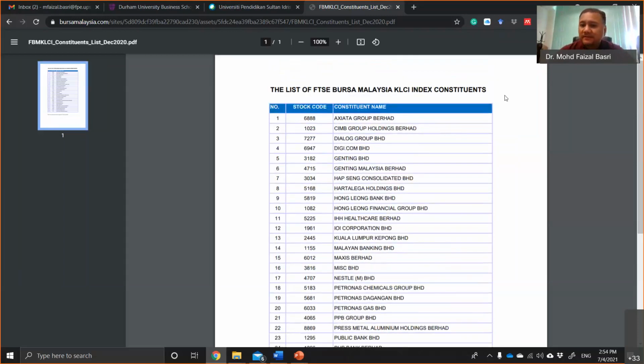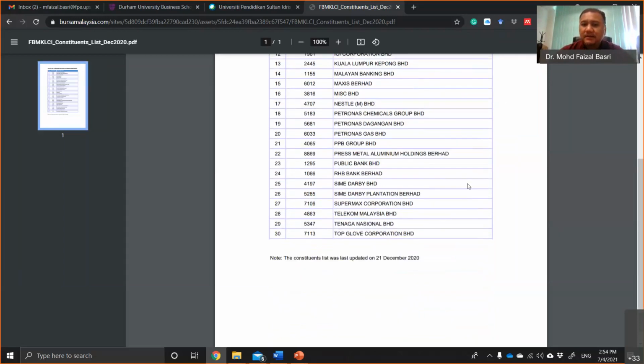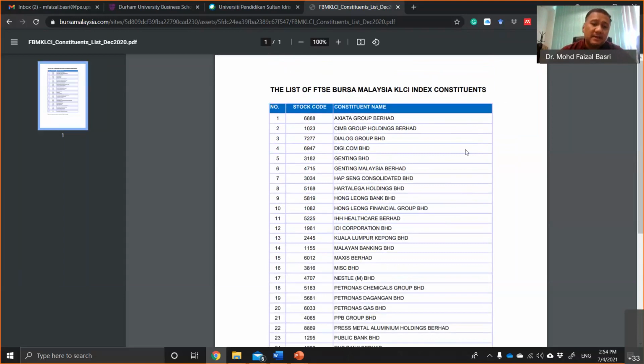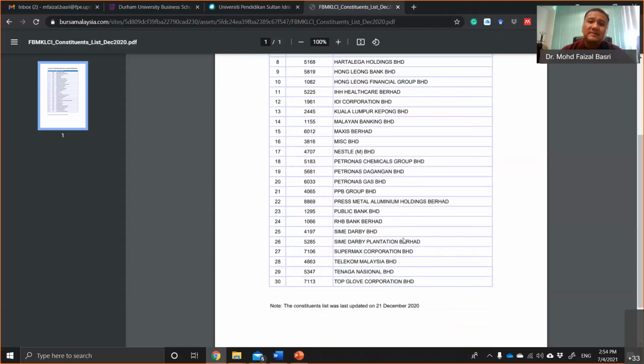So the performance of these companies may be affected by the economy. Maybe not 100%, but based on studies, when the economy is doing well, the companies will perform better as well. If the economy is bad, maybe not all, but some of the companies may be affected, so their performance will drop as well.